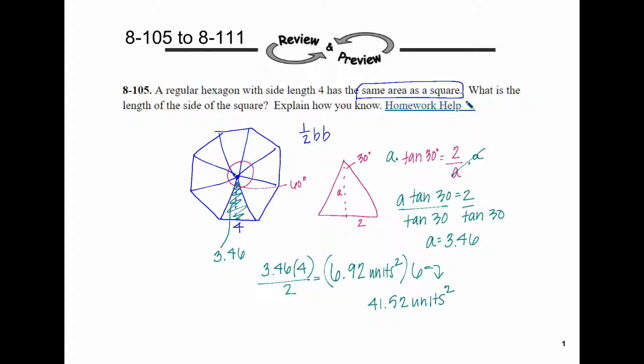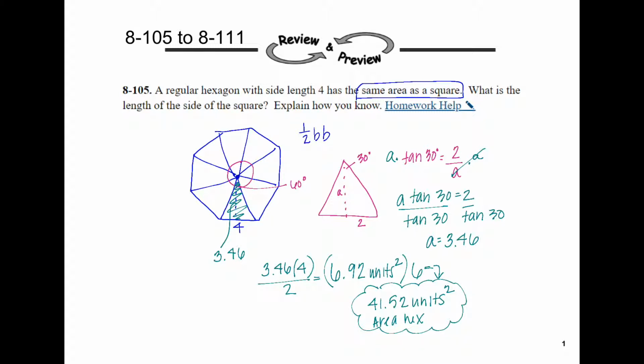It then asks me, what is one side of the square? Well, if I know the area of my hexagon is 41.52 units, I know the area of a square is equal to the base times the height. In a square, both sides are the same.